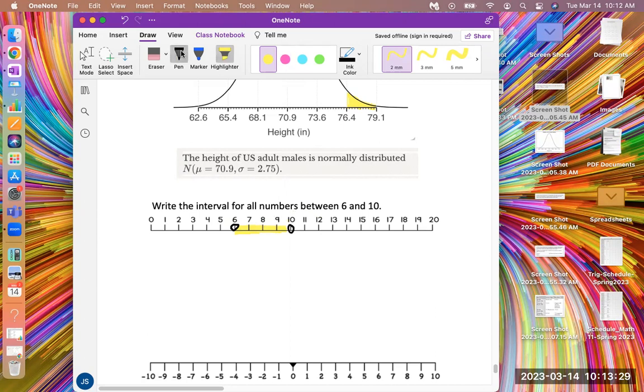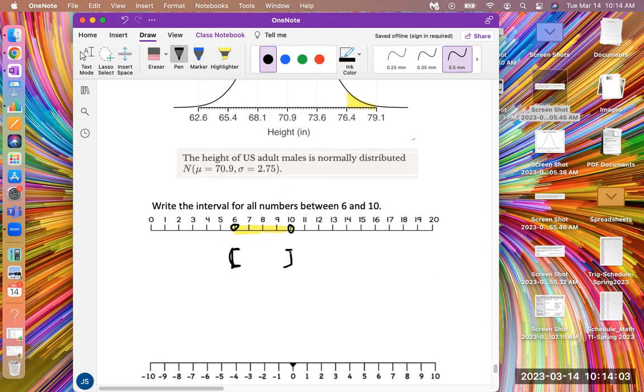Okay, so the second way to do it would be to write in interval notation the numbers between 6 and 10. Technically, if you include the 6 and include the 10, you would use a square bracket.